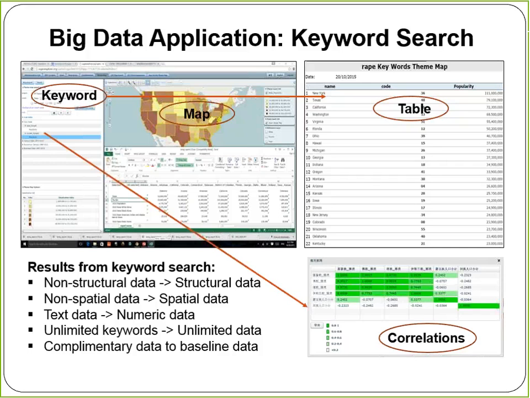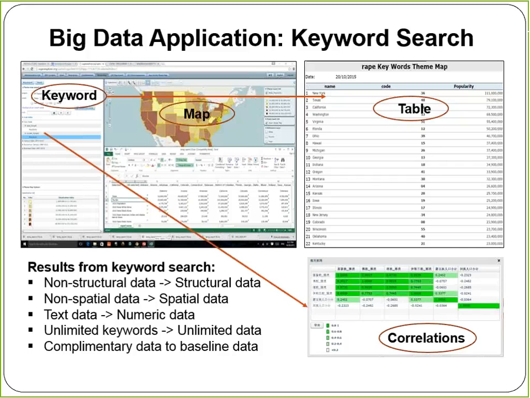So what we are doing here is, you just type any keyword, then we use the search tool, and it can help you generate the map for this keyword. We don't know exactly what the map means for this keyword, but this map is a kind of popularity of this keyword.